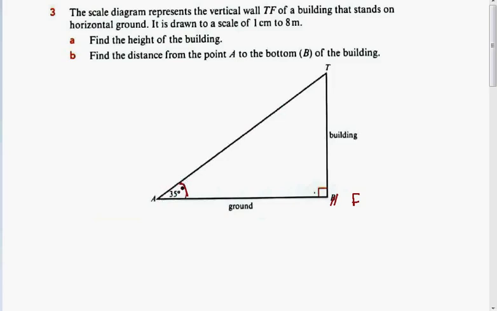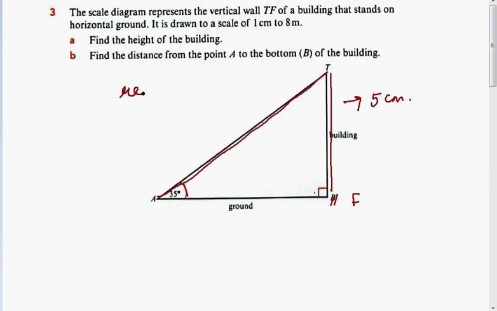Using the printed material of our book, we will take the scale and calculate the height of the building. This height is the one that is asked. Let me say we are getting 5 centimeters, and we want to know the real distance, the real height.